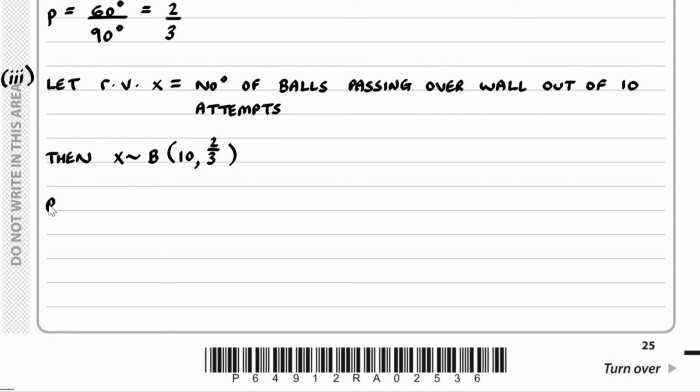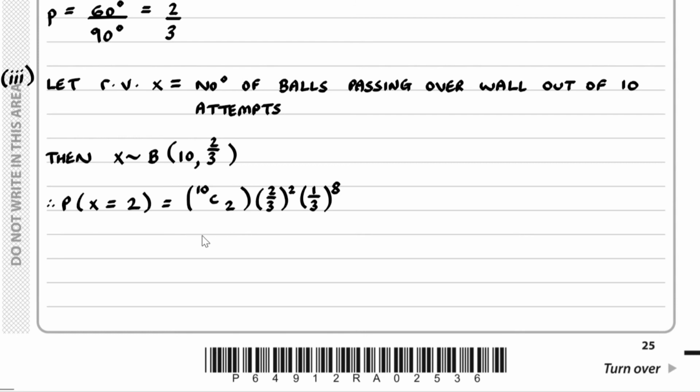So the probability that x is equal to 2, that will equal 10 choose 2 multiplied by 2/3 squared multiplied by 1/3 to the 8.